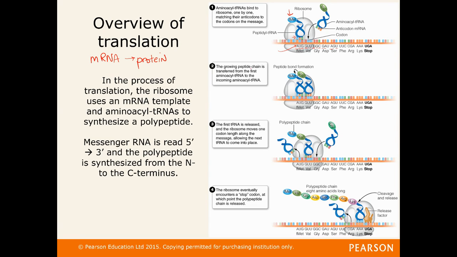The polypeptide chain starts to grow, and there's a peptide bond formed between, in this example, methionine and valine. This is done by a transfer from the first tRNA to the incoming one, so they form a peptide linkage.